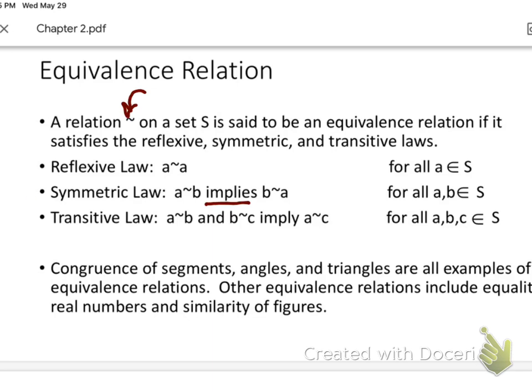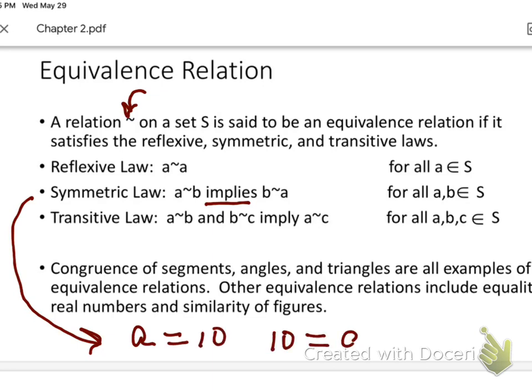In terms of the symmetric, think of this. If A equals 10, that implies that 10 equals A. That's symmetry. Transitivity, you have to have 3 things involved.